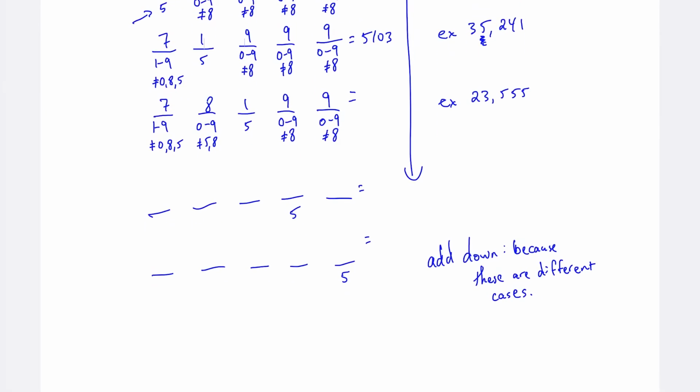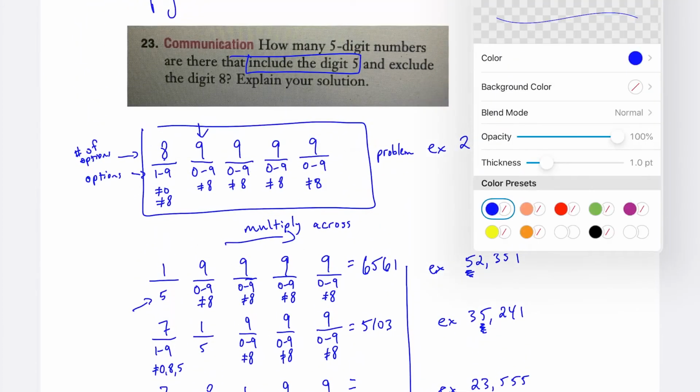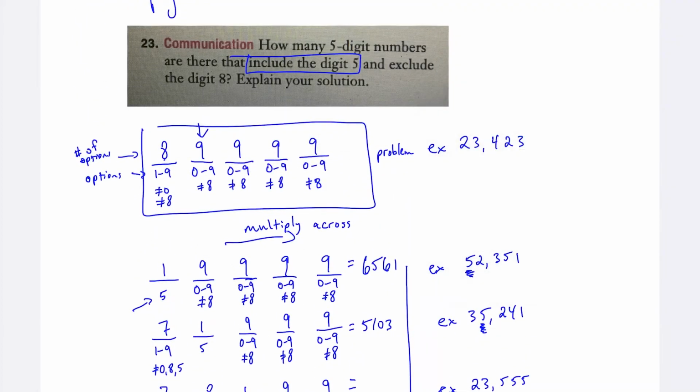And as a bonus question, why don't you see if you can solve the exact same question? Well, let's change it. So let's make it so that it's a 4-digit number.